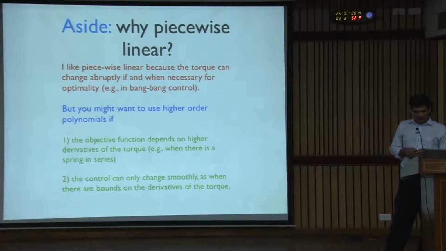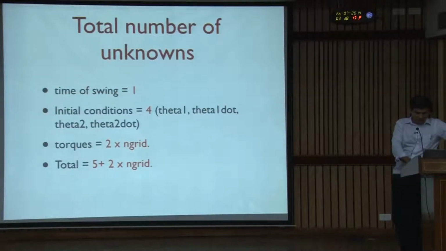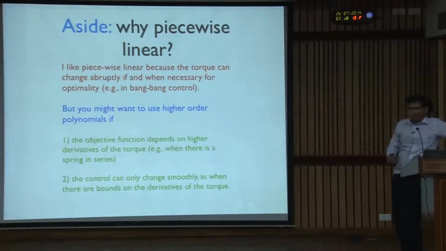And if you try to describe a torque function with things that look like polynomials and so on, it might be harder to do something drastic in a short space of time without some numerical issues, perhaps. So that's one reason. But you could use polynomials for this problem, and it would work just fine.